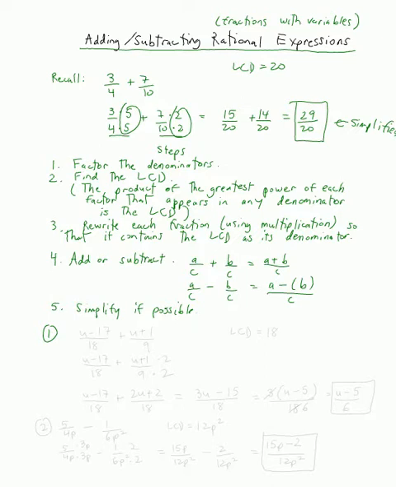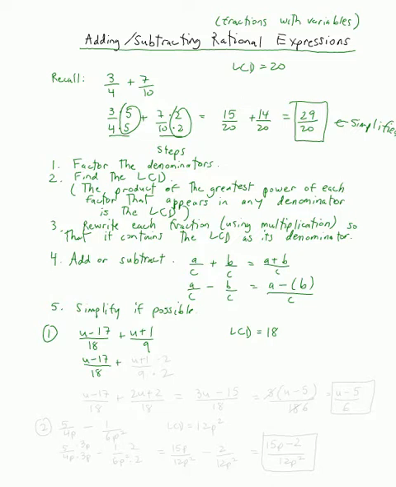So number 1, we have (u minus 17) over 18 plus (u plus 1) over 9. So we're going to start by writing down the LCD. Since these are just numbers, we can't really factor this further. The LCD here is going to be 18. So we give each one what it's missing.